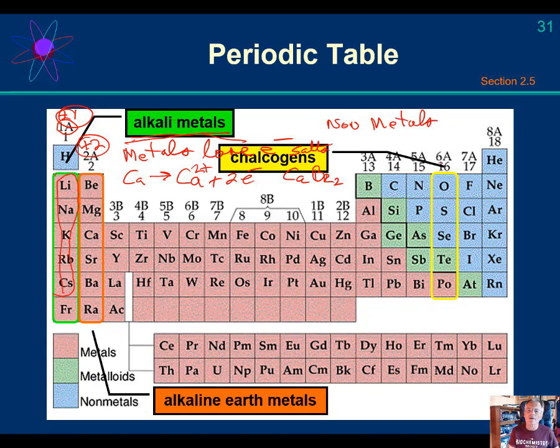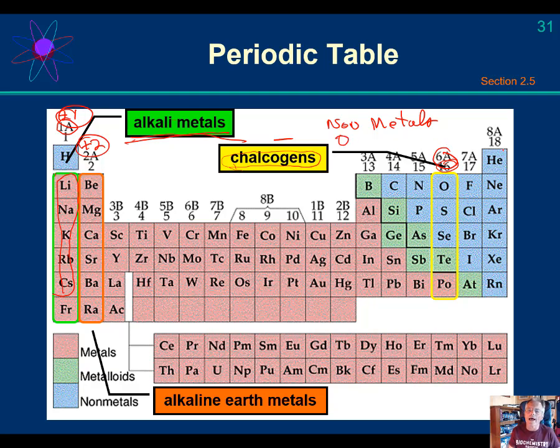Now, this particular group, group 6, or 6A, depending on the version of the periodic table, you can also designate it as group 16. We call these the chalcogens, and you need to know the names of these groups. Now, nonmetals like to gain electrons.